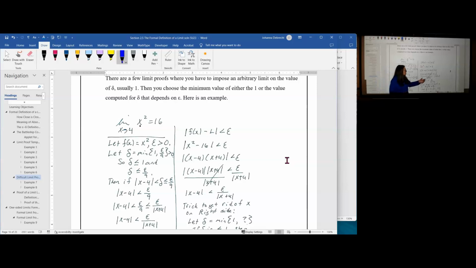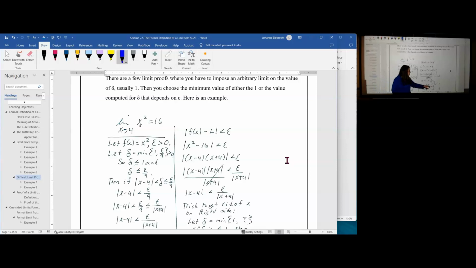Now what I do is I take this and I split it into the product of these two. Then I divide both sides of the inequality by the absolute value of x plus 4, forcing it, of course, to be positive. That way I don't have to reverse the inequality.